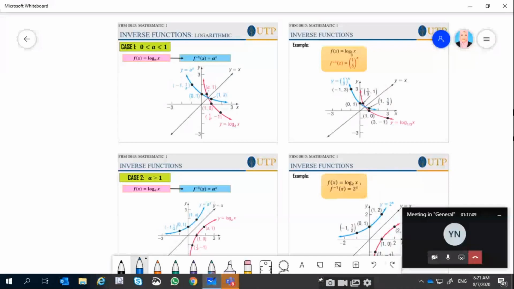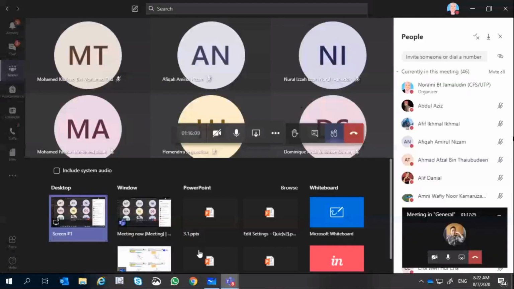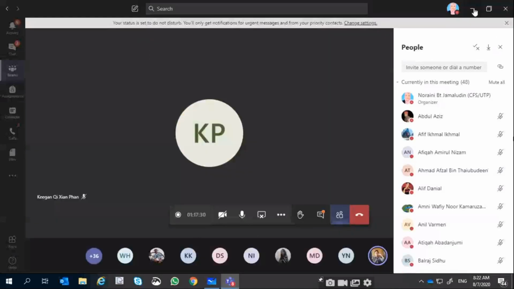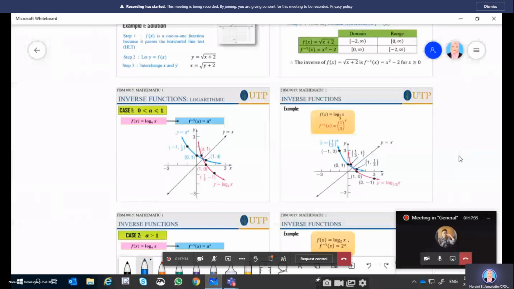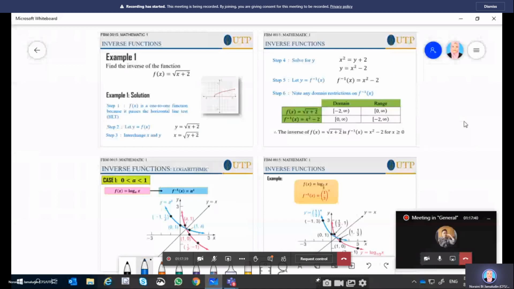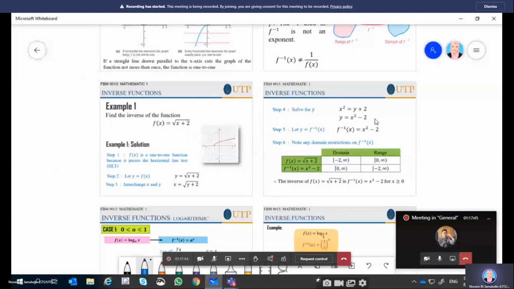Okay, so for today's lecture, I'm going to continue to the inverse function for log and exponential function in chapter 2.5. Our last discussion, last week 5, was about inverse function for square root and also quadratic function.